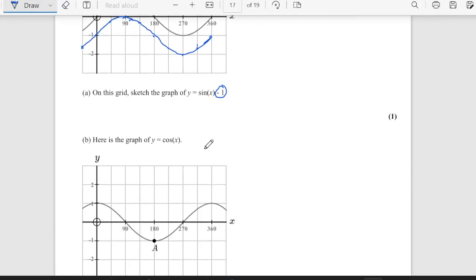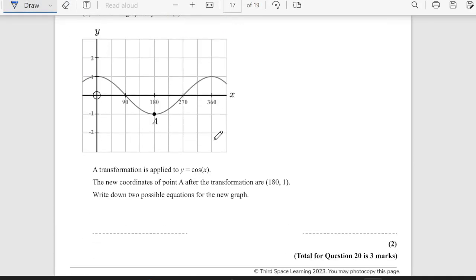Okay, here is the graph of cos x. A transformation is applied to y is equal to cos x. The new coordinate of the point after the transformation is 1, 81. So we've moved up to there. Write down the 2 possible equations for the new graph.